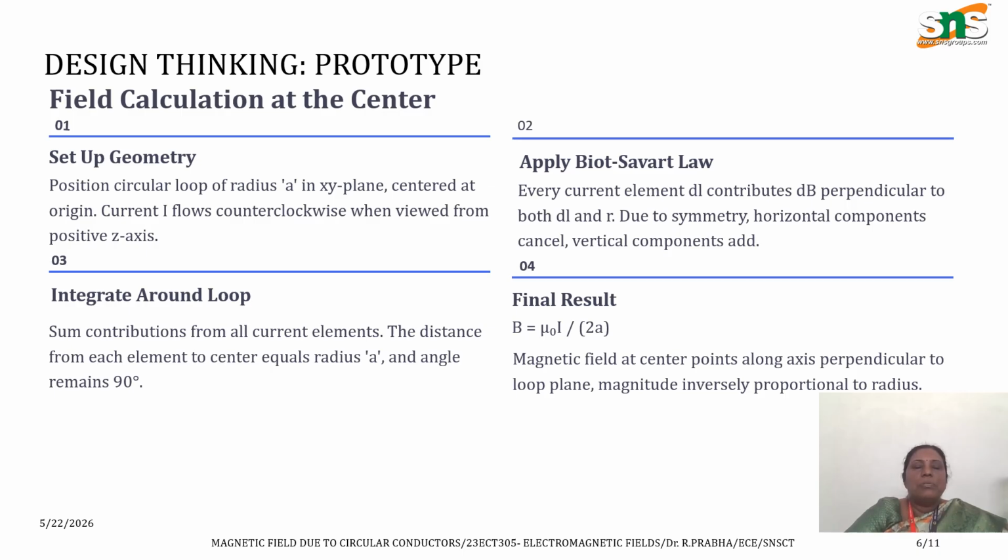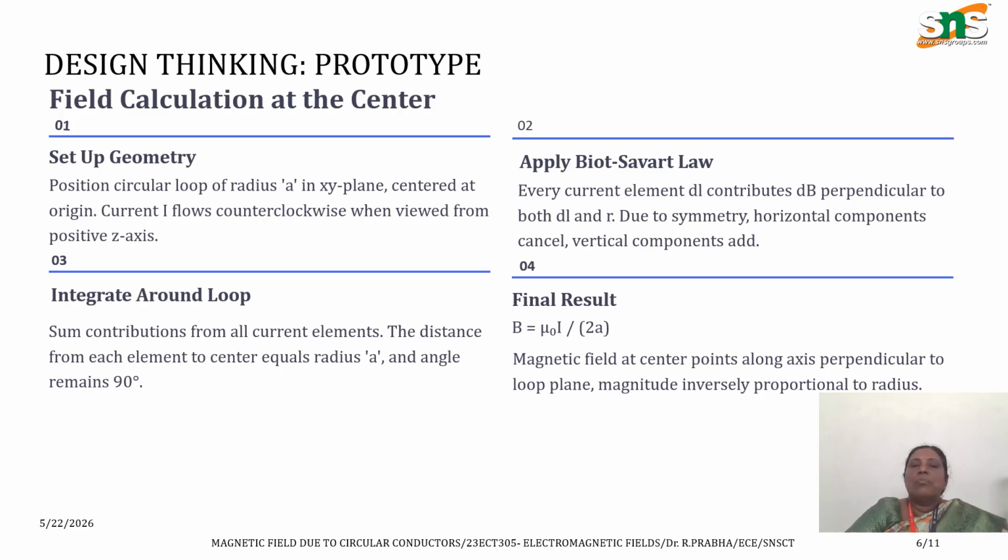In the prototype stage, we move into the field calculation at the center. We set up the geometry and position a circular loop of radius a in the xy plane, centered at the origin. The current I flows in the counterclockwise direction when viewed from the positive z axis.